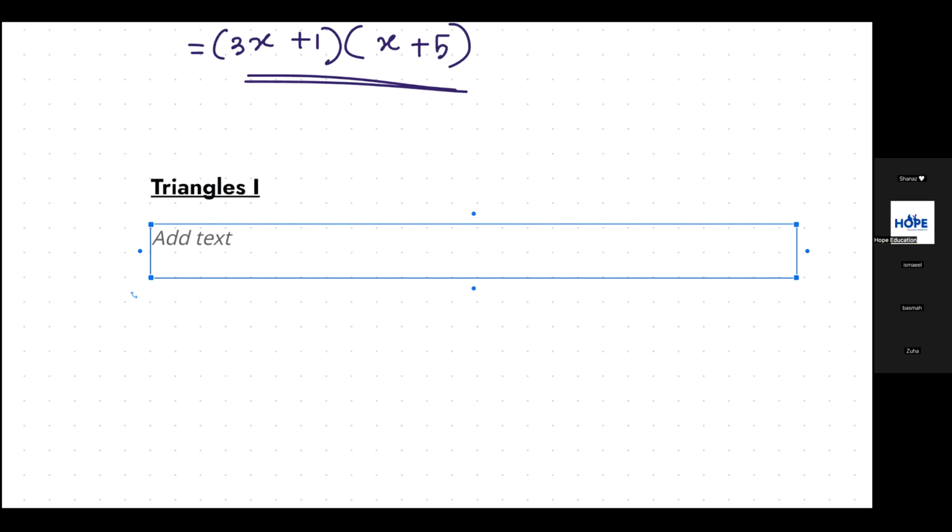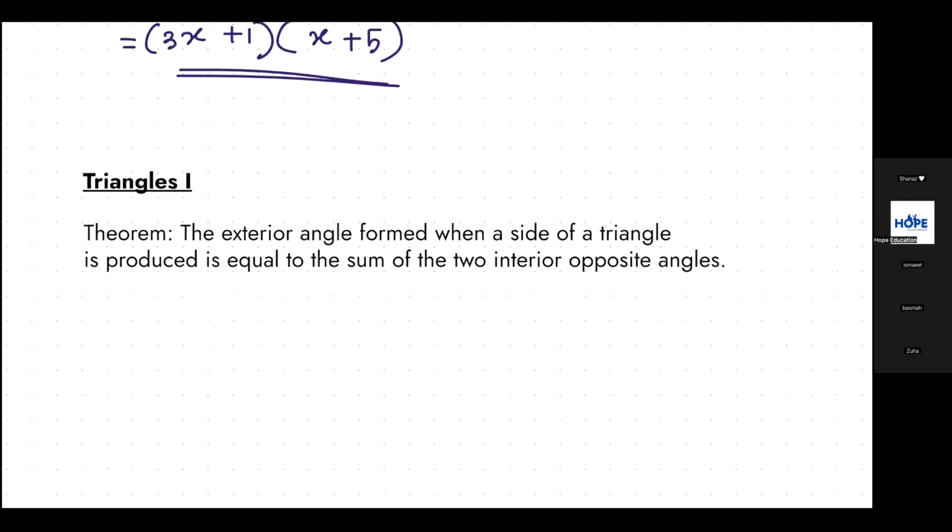Quickly write this theorem. The exterior angle formed when a side of a triangle is produced is equal to the sum of the two interior opposite angles.